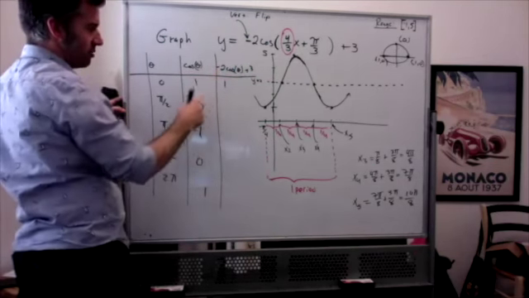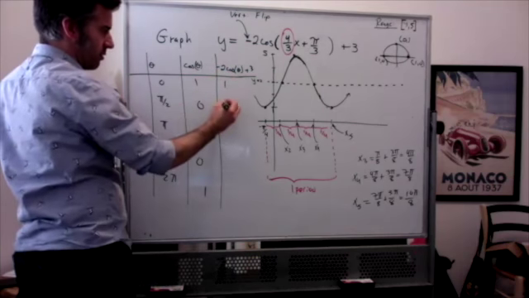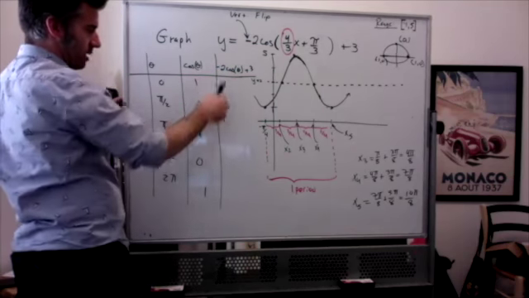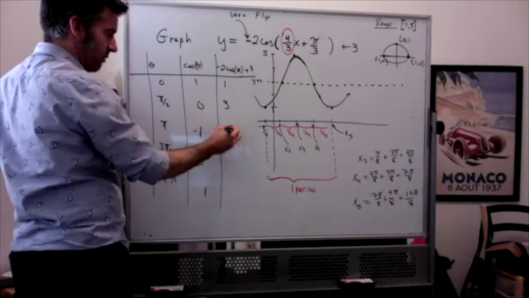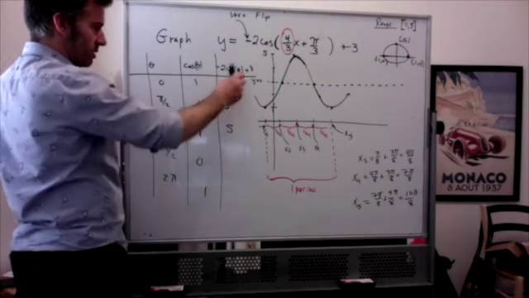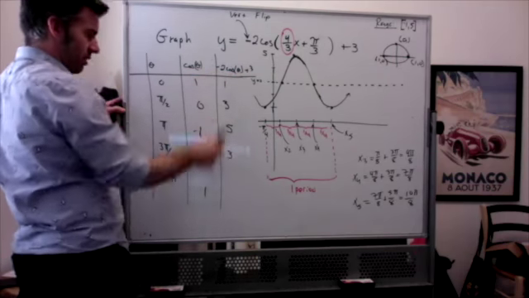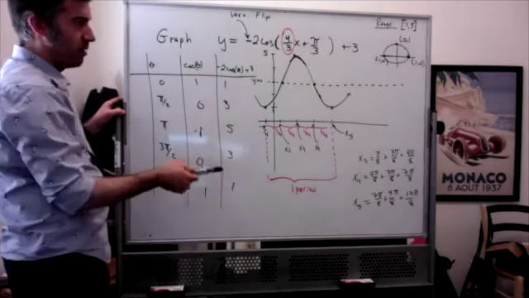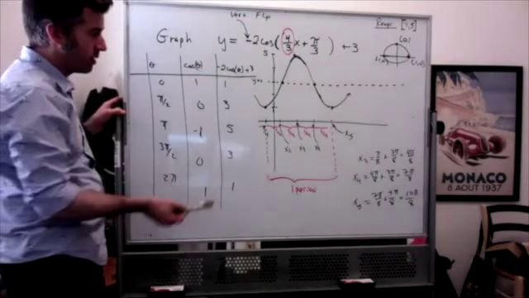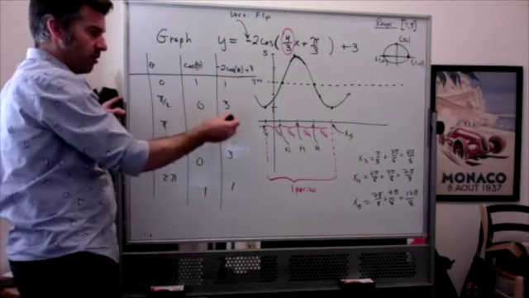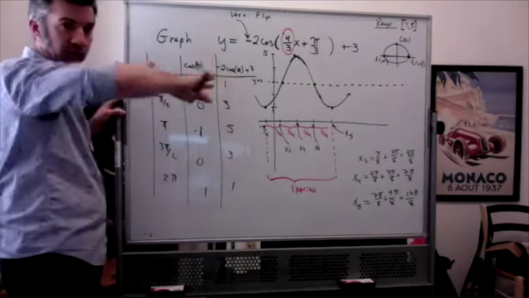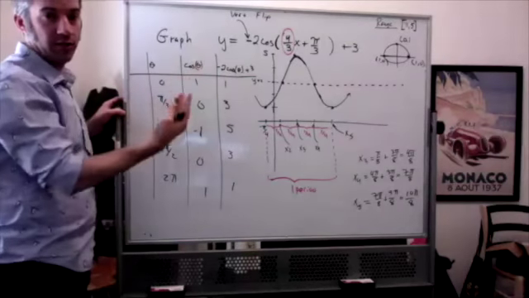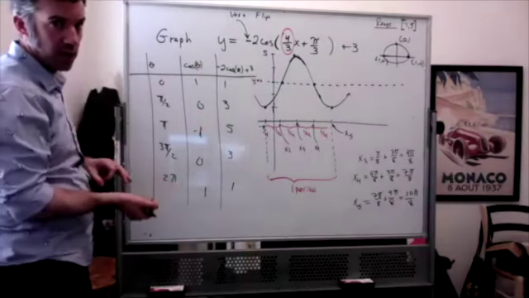Then negative 2 times 0 plus 3 is 3. Negative 2 times negative 1 is 2, plus 3 is 5. Then negative 2 times 0 plus 3 is 3. And negative 2 times 1 plus 3 is 1. So notice, this is giving me my correct range. It's giving me the low, middle, high, middle, low, because we flipped it over. We also did a vertical shift and amplitude stretch.